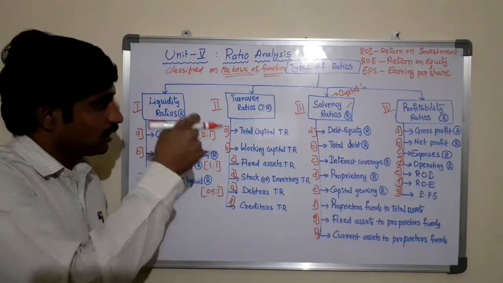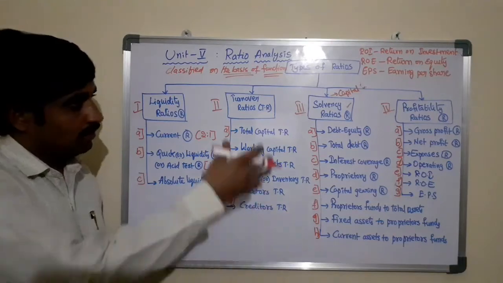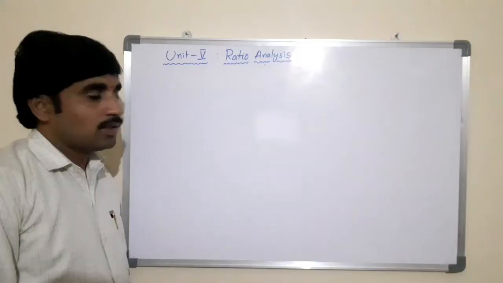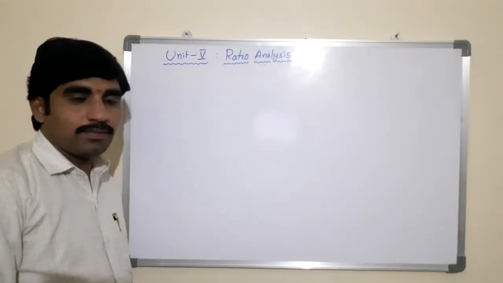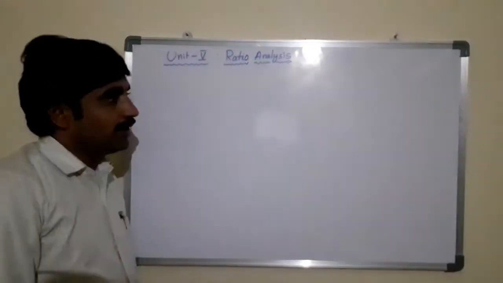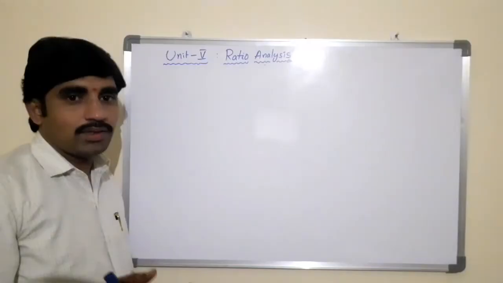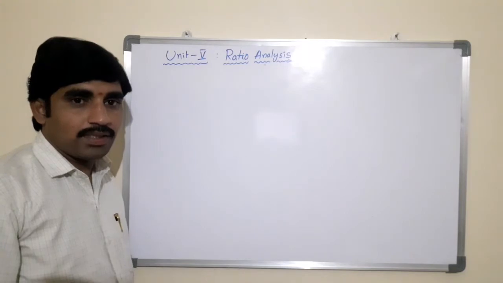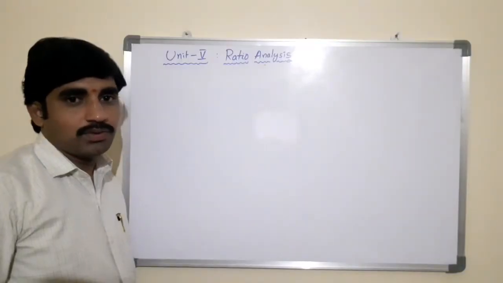So we will see the significance and the formulas of these ratios. On the basis of classification of function, we have divided ratios into 4 types, that is liquidity ratio, turnover ratio, solvency or capital structure ratio, and the profitability ratios.